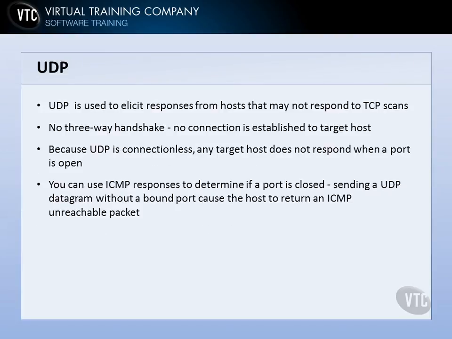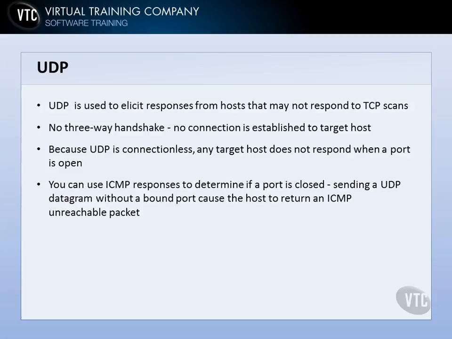Now, UDP, as I said, is a little bit different from TCP in that it does not send the three-way handshake. It doesn't use flags because it doesn't control the connection. And you may use UDP to get responses from hosts that don't respond to TCP scans. Because UDP is connectionless, if you send traffic to a UDP port on that target host, it won't respond when the port's open.